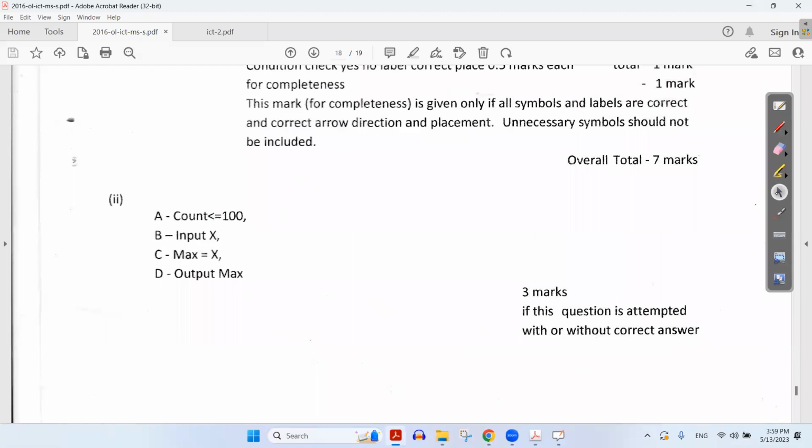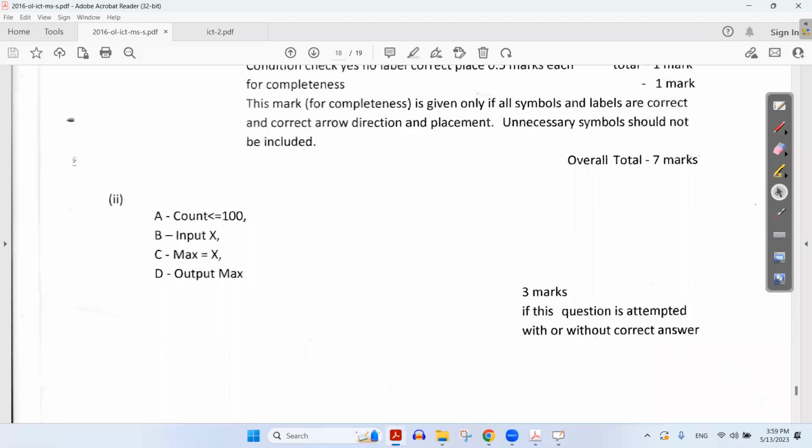Yeah. So the A is going to be the condition, count less than or equal to 100. B is the input statement. So the numbers are taken one at a time, and the X is assigned to the max, because if the X is bigger than the max, then X needs to be assigned as the max, and then the output is max. Right.